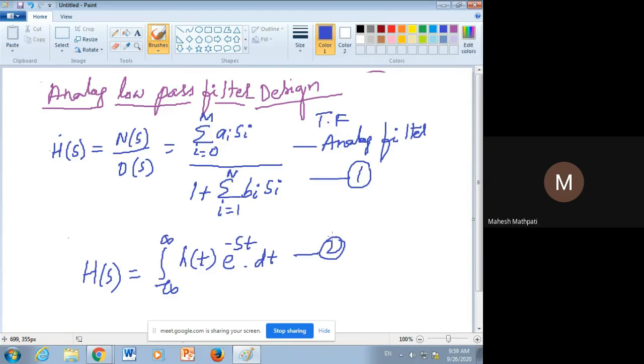And we just write one more line: the value of n should be greater than or equal to m, and this must be satisfied.